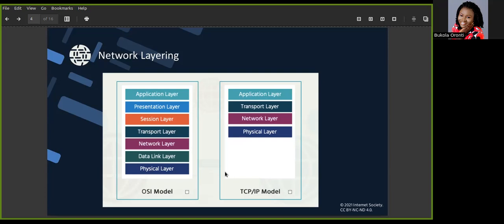Then layer 1, which is the last one being looked at here under the TCP/IP model, is the physical layer. This is the layer responsible for placing packets into and receiving packets from the network. So it places packets in a network and it receives packets from a network.